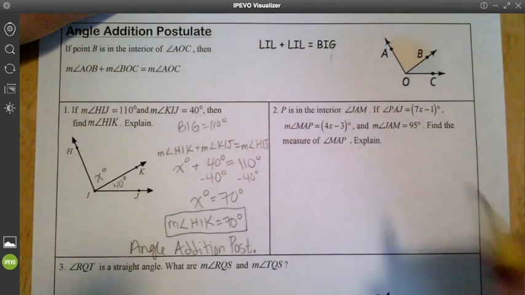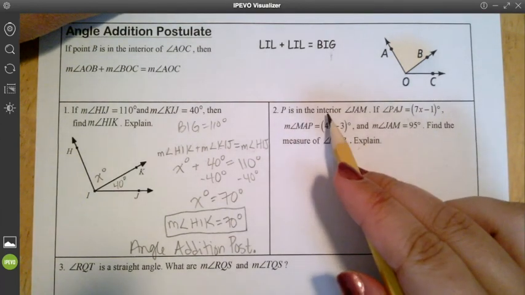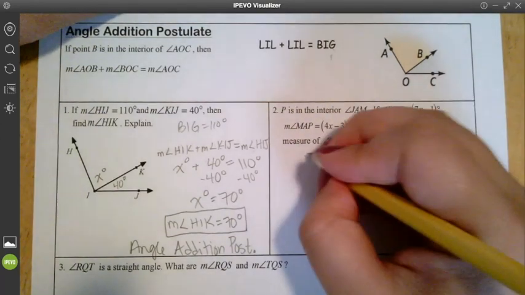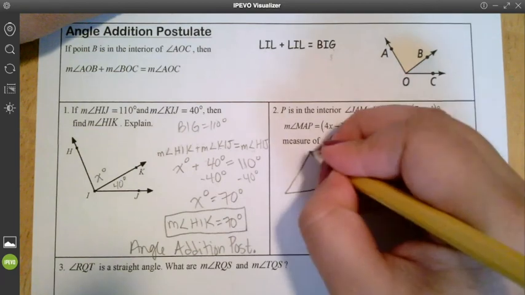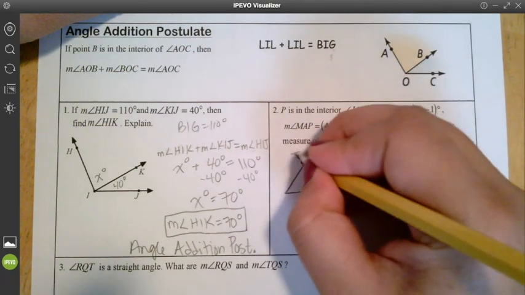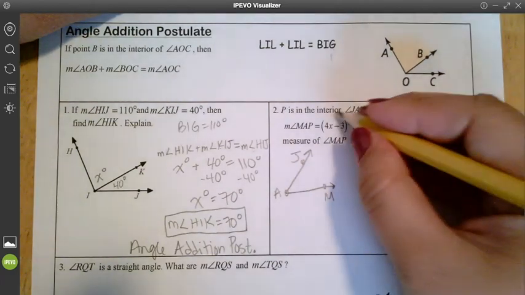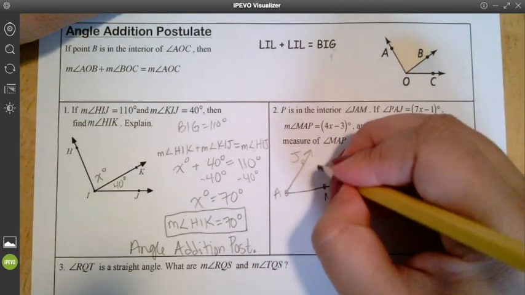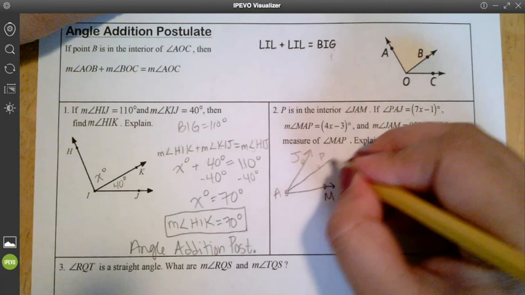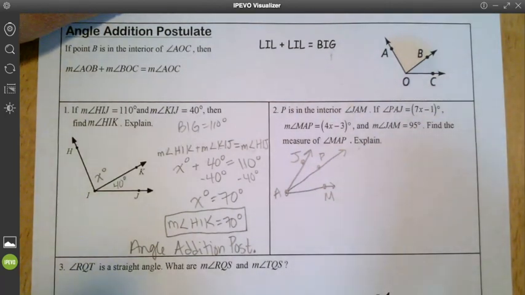For the next example, we have P is on the interior of angle JAM. So here we have angle JAM. P is on the interior, so anywhere inside here, there's point P, which means there's another ray between A and P that we could draw.